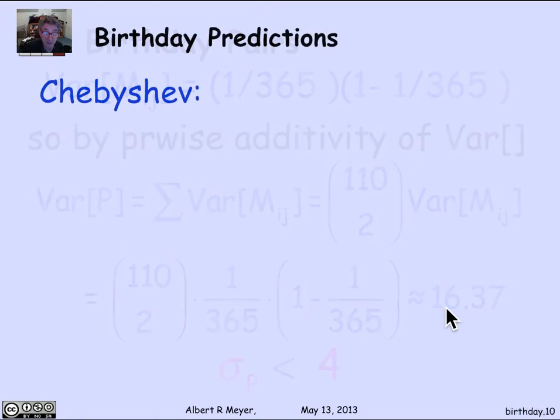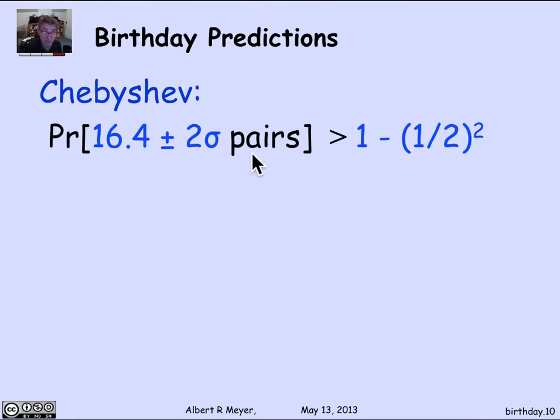Now I can apply Chebyshev, because by the Chebyshev bound, the probability that the number of pairs is further away than 2 sigma from the expected 16.4 is only 1 chance in 4, which means the probability that the actual number of matching pairs is within 2 sigma of the expected number, 16.4, is greater than 1 minus a quarter, or 3/4.